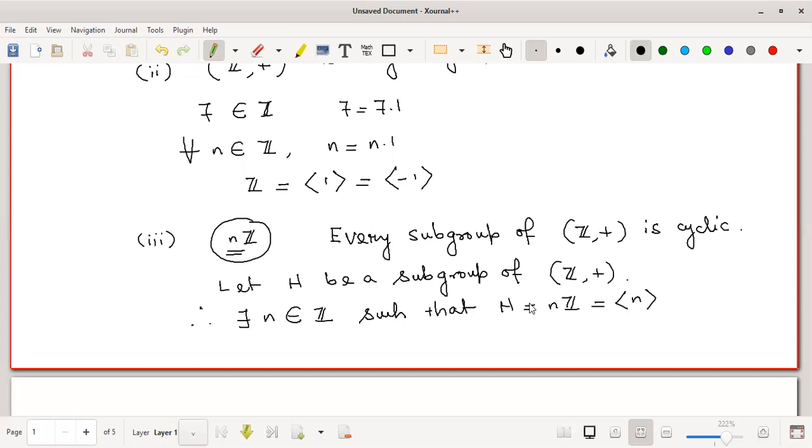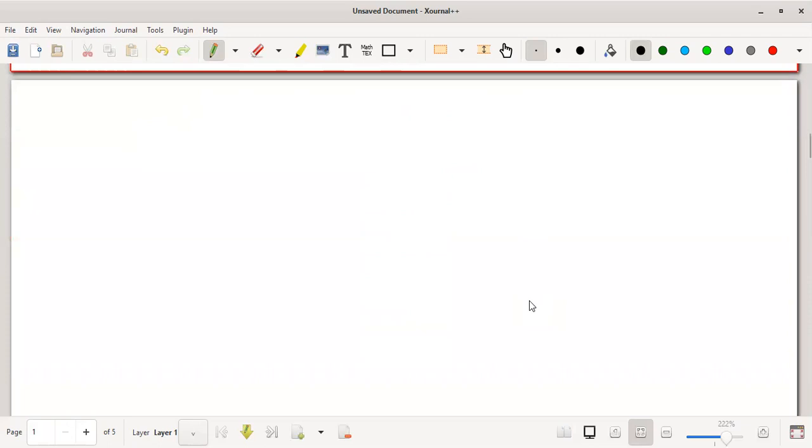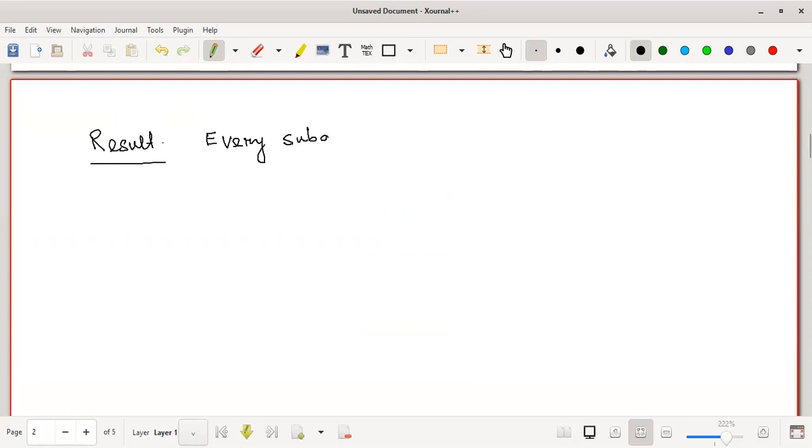Every subgroup of a cyclic group is cyclic. So this is our first result: every subgroup of a cyclic group is cyclic.